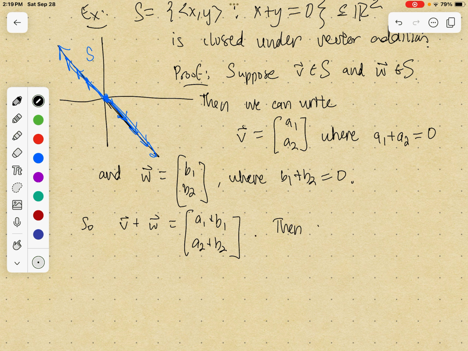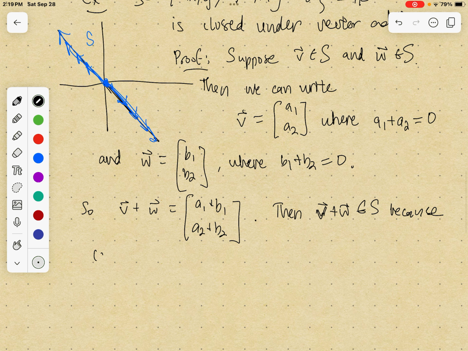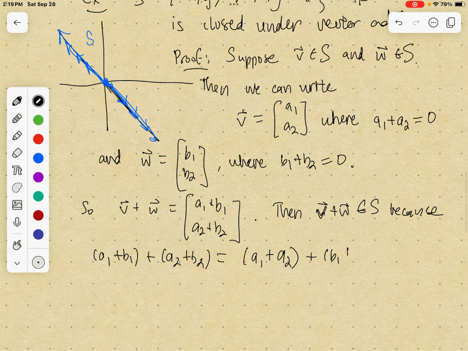And is this sum an element of S? When you add the two components, do you get 0? Well, yes, right? This is in S because when you add the two components, A1 plus B1 plus A2 plus B2, I guess we can show some steps, this is A1 plus A2 plus B1 plus B2.